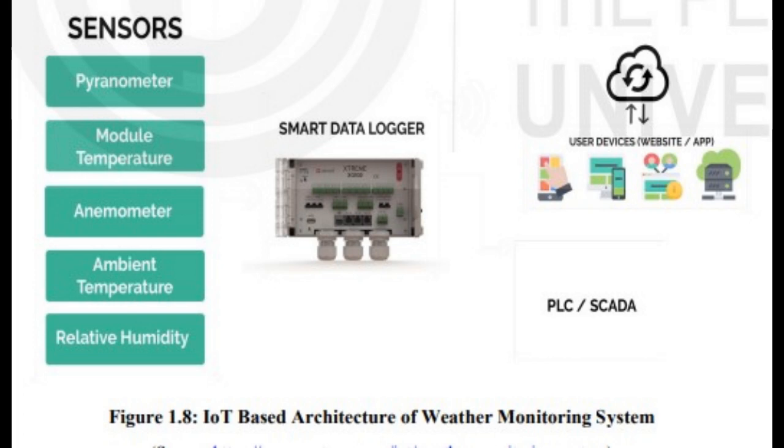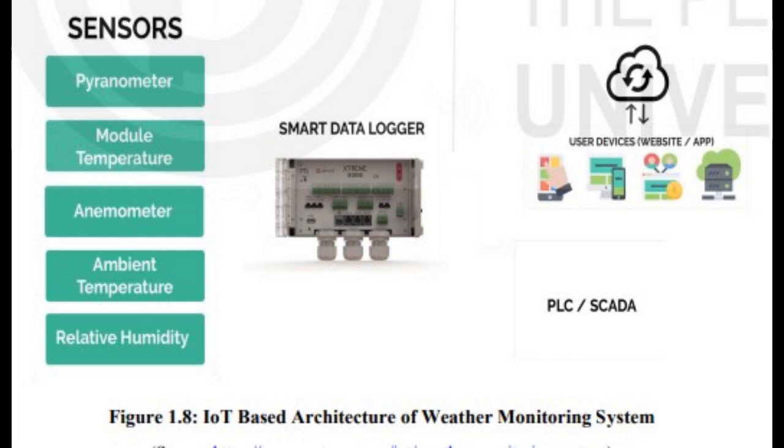First is installed at a horizontal level to measure global horizontal irradiance, and the second at an inclination, the same as the solar panel inclination, for the measurement of global tilt irradiance. The ground-mounted, also called utility-scale solar power plants, use a thermopile-based secondary standard pyranometer for accurate measurement.